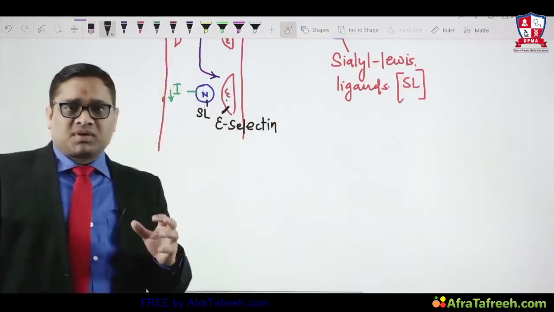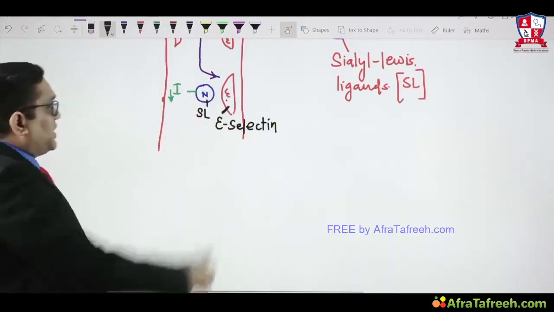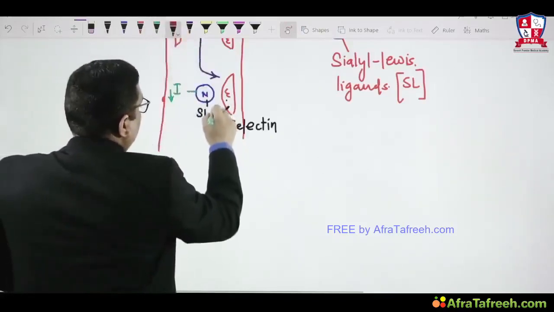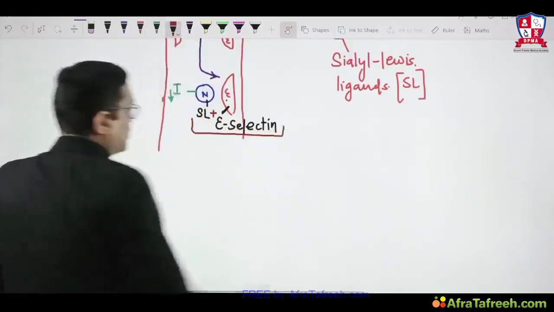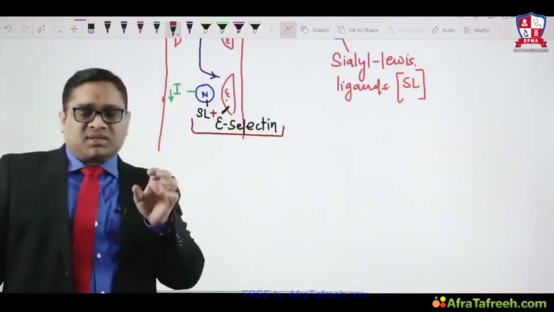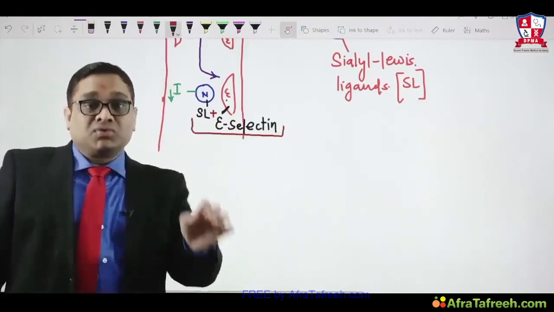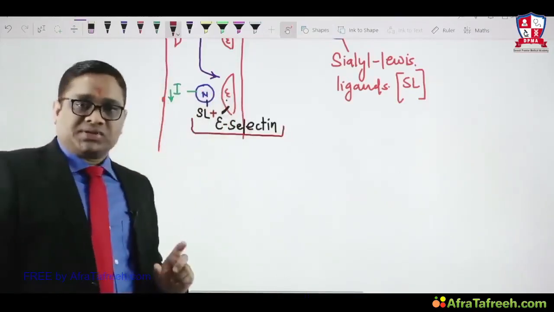During inflammation, the endothelium will express the E-selectin adhesion molecule, and this will combine with the sialyl Lewis ligand. So there will be transient attachment of the neutrophil, or you can say weak adhesion of the neutrophil to the endothelial wall, and this is called margination, right?